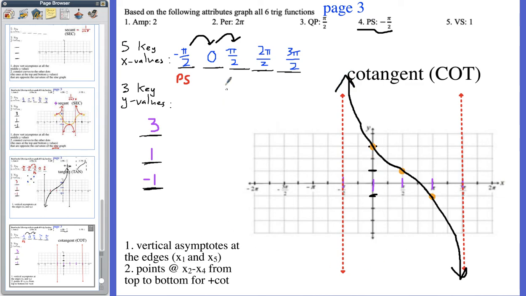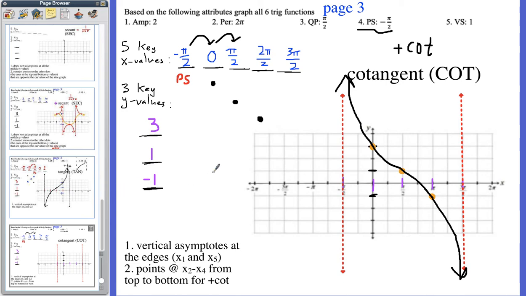So notice how for a positive cotangent, in contrast with the positive tangent, it always goes top, then middle, then bottom at our three middle x values, rather than bottom, middle, top. Now, a negative cotangent would do the opposite.